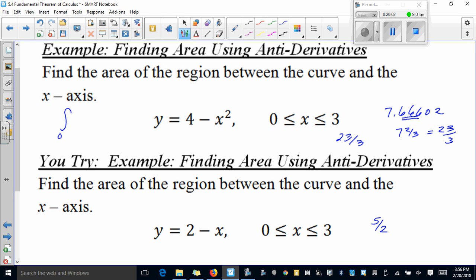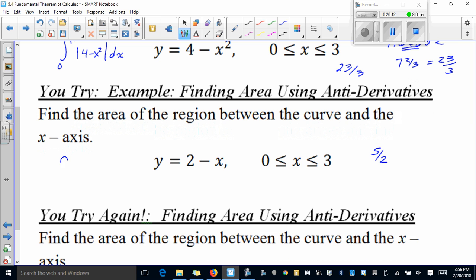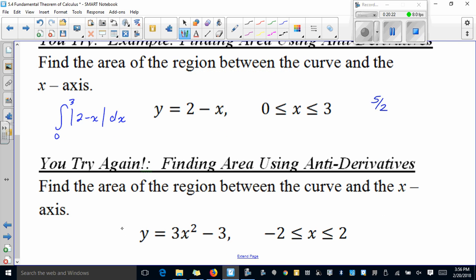And the last one would be negative 2 to 2, absolute value of 3x squared minus 3, dx. That one gave us 12.000, and then a 1 or something afterwards. So basically 12.